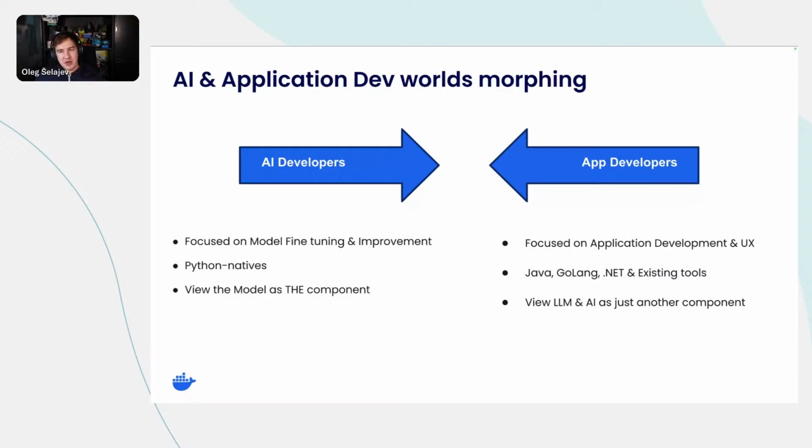They can train models, they can fine-tune models, they understand machine learning at a much deeper level than an average application developer would. Very often, their ecosystem of choice is Python, both for the tooling and the simplicity of using it, and their artifacts, right?